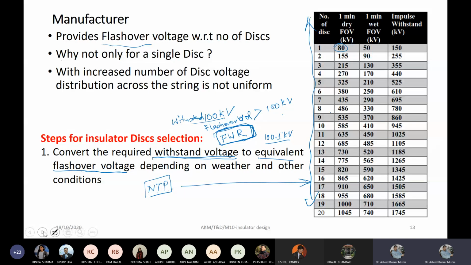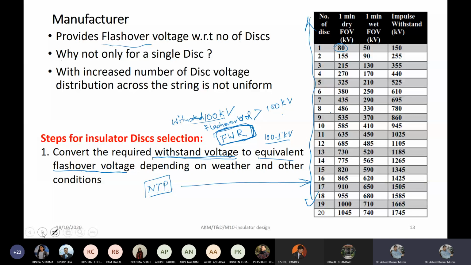So for each of the five withstand voltages we have discussed so far, I am going to discuss how to calculate the flashover voltage, because once we calculate that, then from this table we can calculate the number of discs.